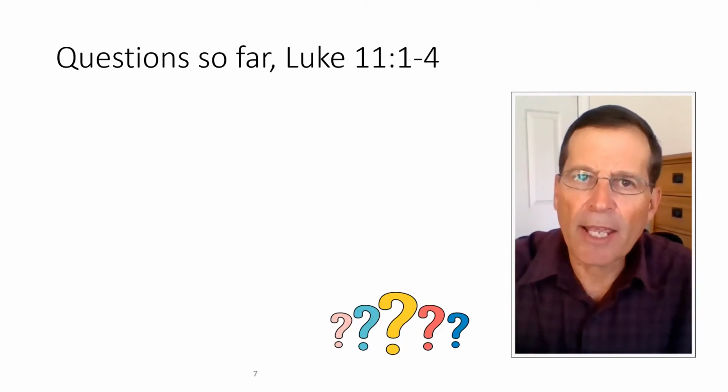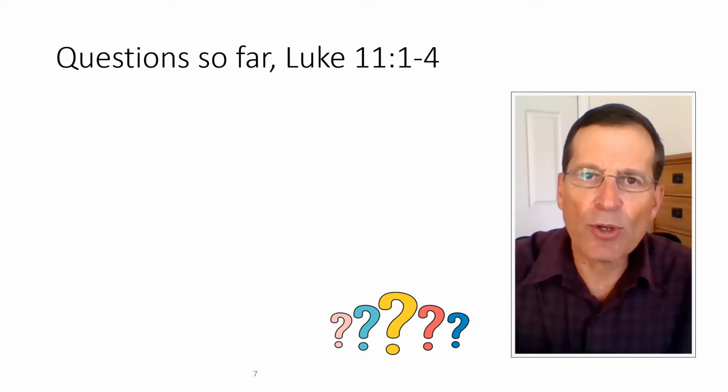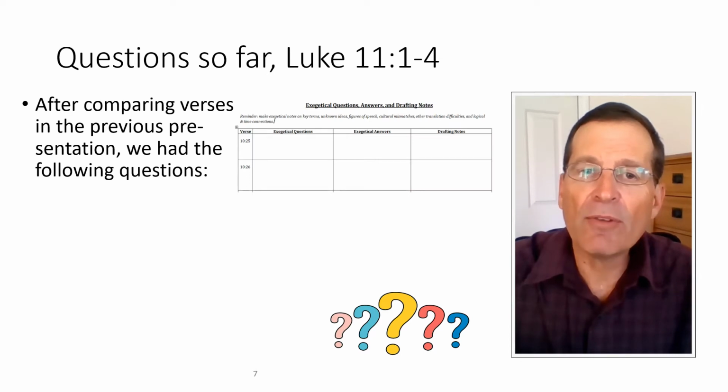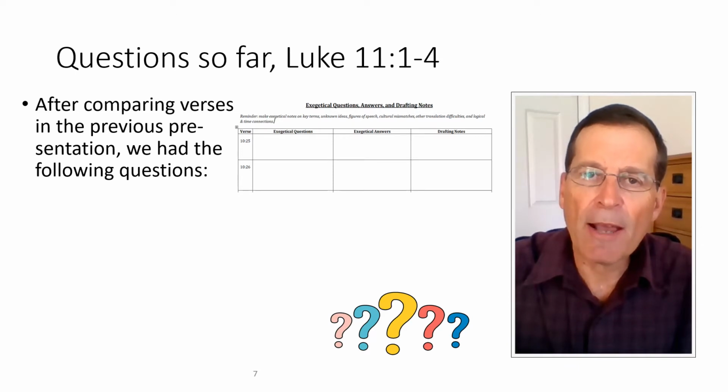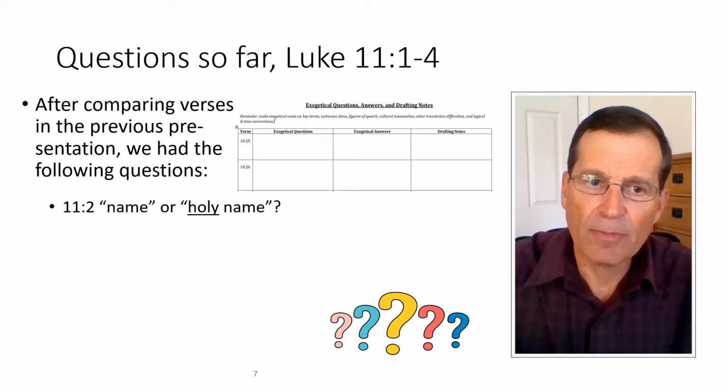So let's look at the questions we've identified so far that need further research. After comparing verses in the previous presentation, we had the following questions. And you would have these written down in the first column on your form for each verse. Chapter 11, verse 2.